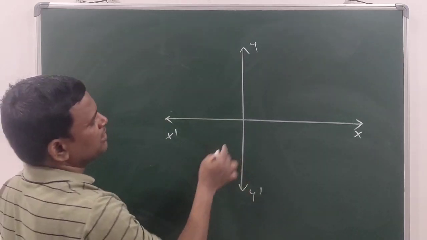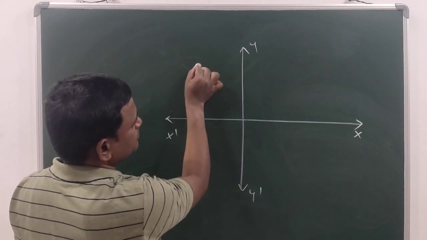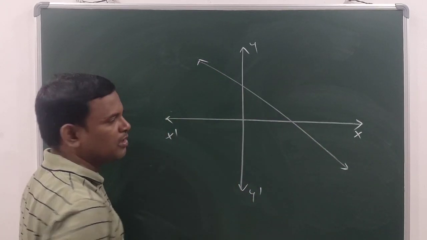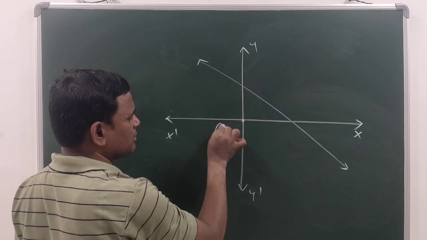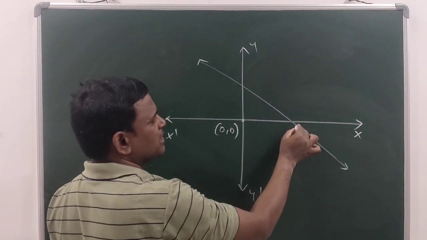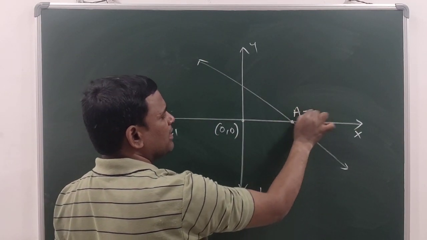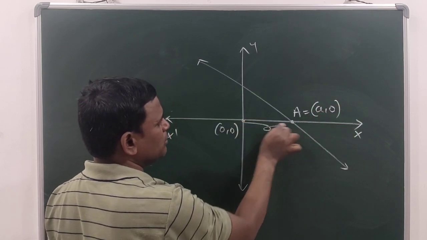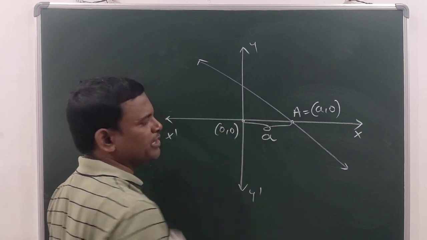Students, see here, line is moving like this. Here, this is origin 0, 0. It is intersecting x-axis at here. Let us assume that point coordinates a, 0. The distance from origin to this point of intersection is small a units.